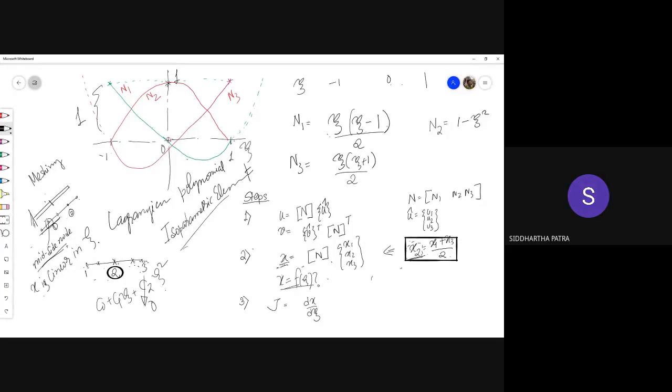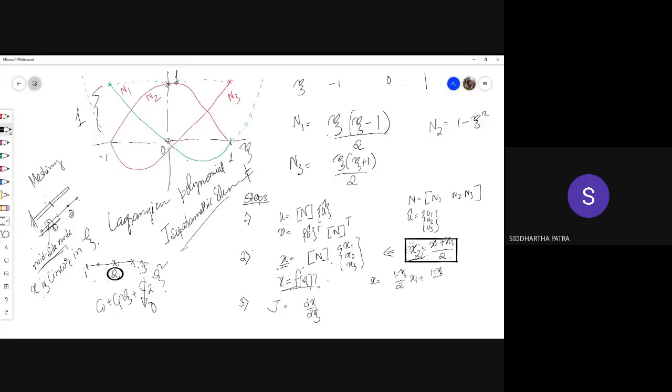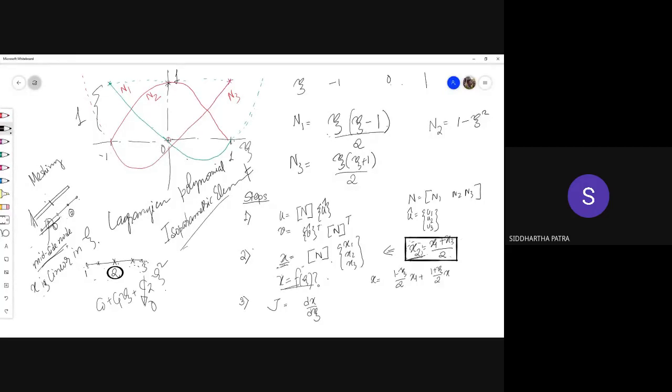I guess you will get an expression like this. You're supposed to substitute for x2, so there would be no x2.